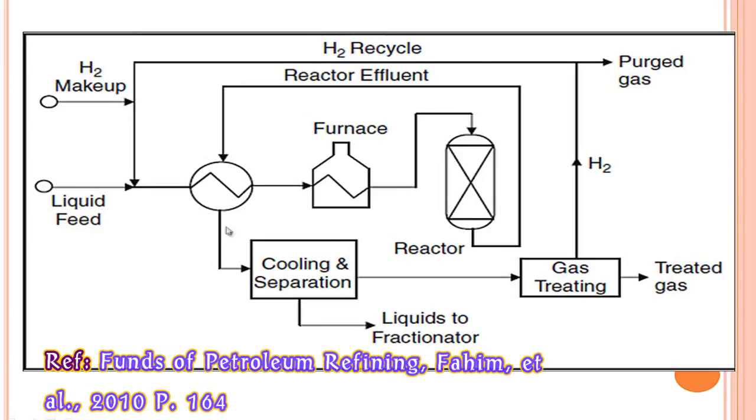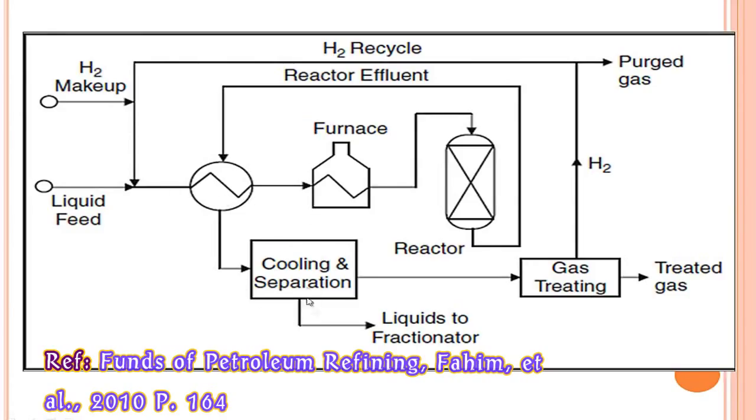Hydrogen-rich gas is separated, because some hydrogen may not react, using a high pressure separator. Before hydrogen is recycled back to the system, it requires some treating process. Otherwise, hydrogen sulfide may be fed back to the system.